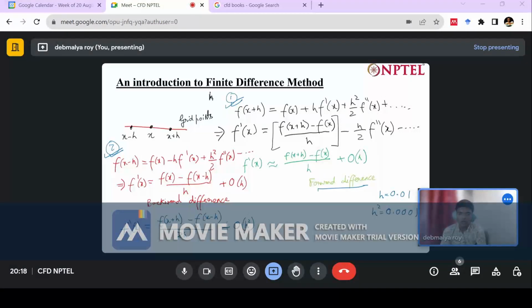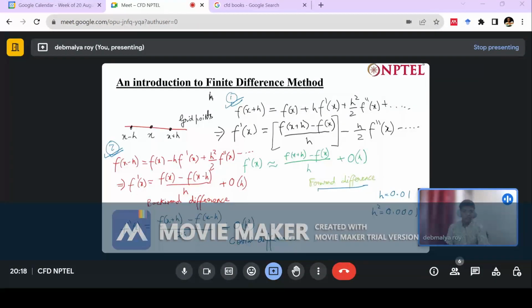So the error's order is much lesser here, so you will have less error. This is called central difference. These are the main concepts here. So what we do is simply take the Taylor series expansion and try to eliminate the terms to find out the derivative that we need.